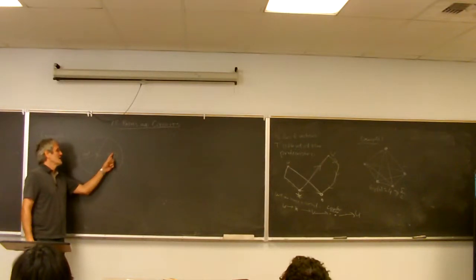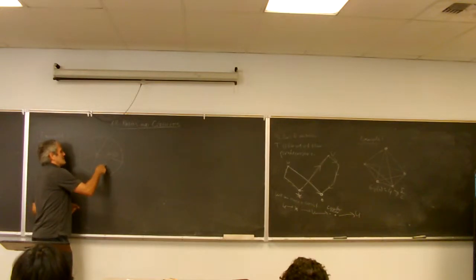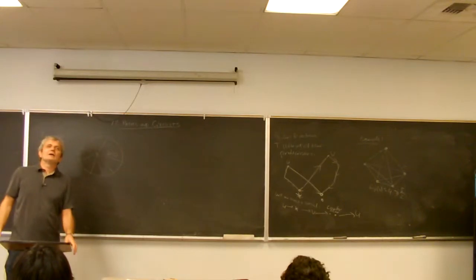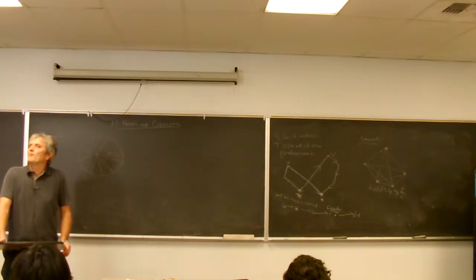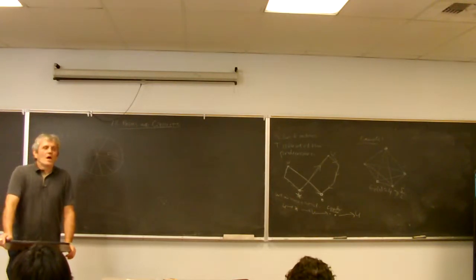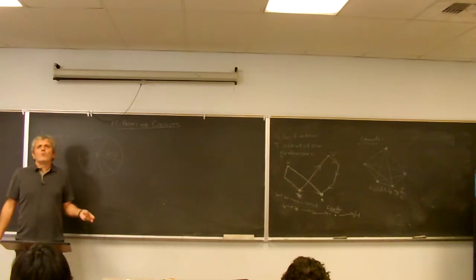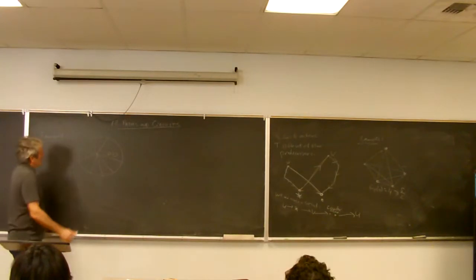So here's the question. Can we label all these sectors so that neighboring sectors differ by exactly one digit? Yes or no? What does this have to do with Hamiltonian graphs? We can say the following.